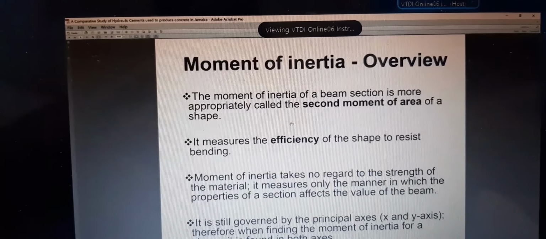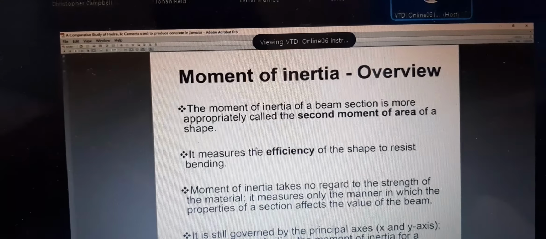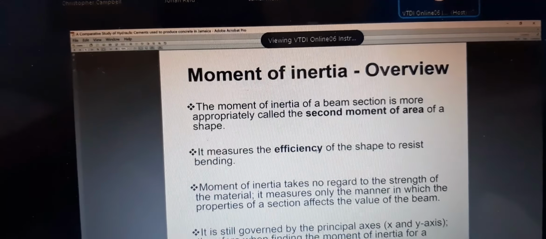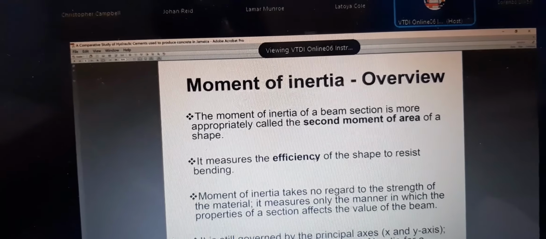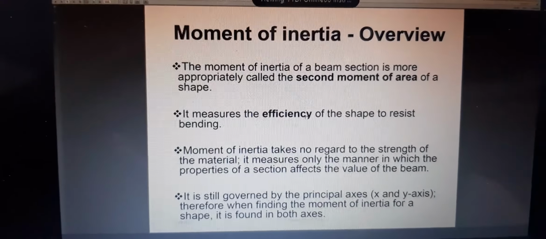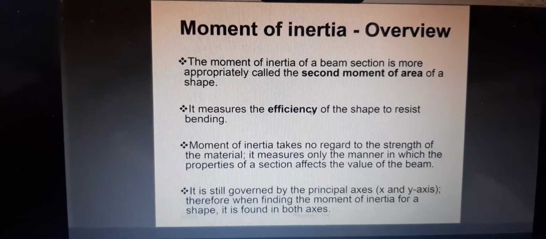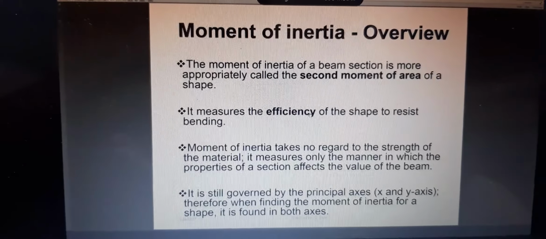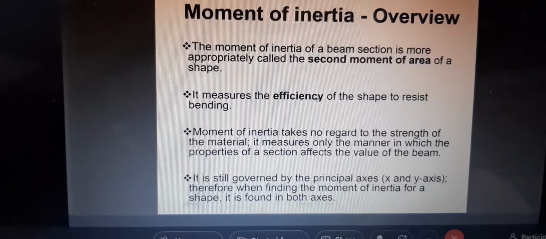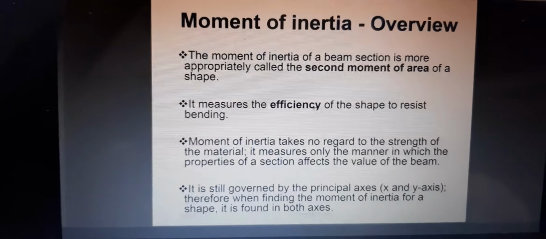Good. So you're really determining, and emphasis on this word, that's why it is in bold, efficiency of the beam to resist bending. Now we're not talking about the strength of the material, because most times when you want a structural member to resist bending or failure, you think about the strength of the material.